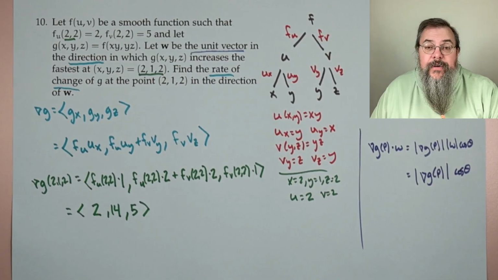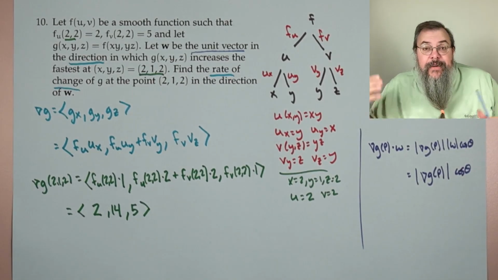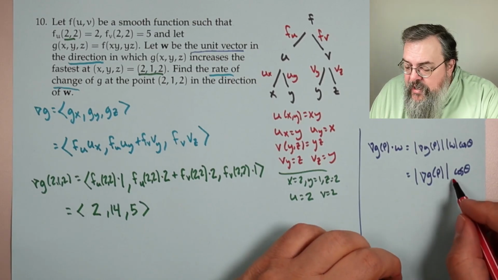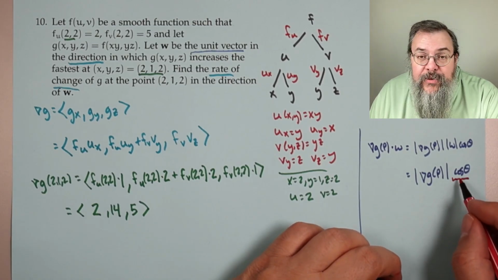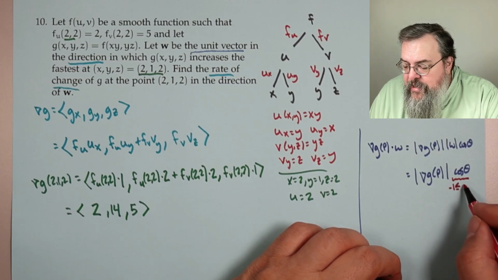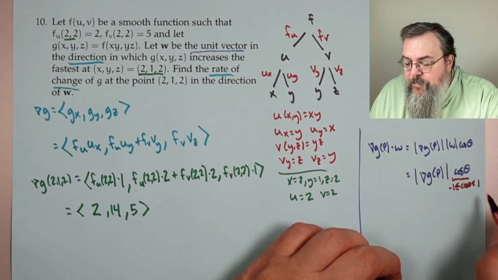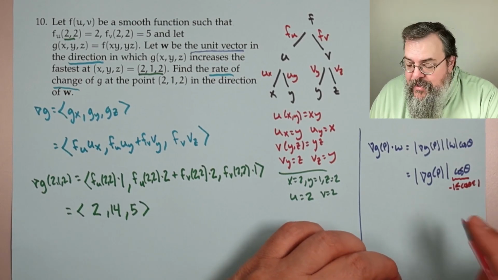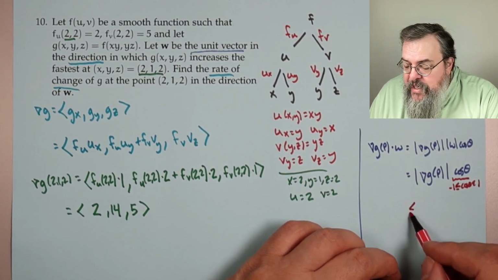Now you're like, oh, well, the gradient is fixed. The only thing I can change is cosine theta. And now, what's true about cosine? It's between -1 and +1. And we can achieve -1. We can achieve +1.